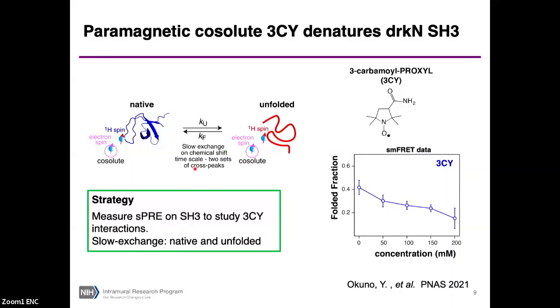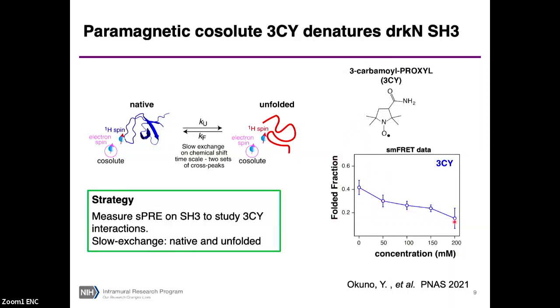And we also studied a particular paramagnetic solute called 3-carbomoyl peroxyl, or 3CY. The reason why we like this molecule is because it turns out it actually denatures this SS3, as shown here. So basically, in the absence of any 3CY, the folded fraction is 40%.